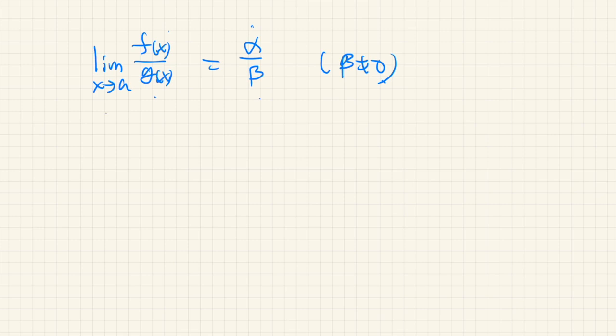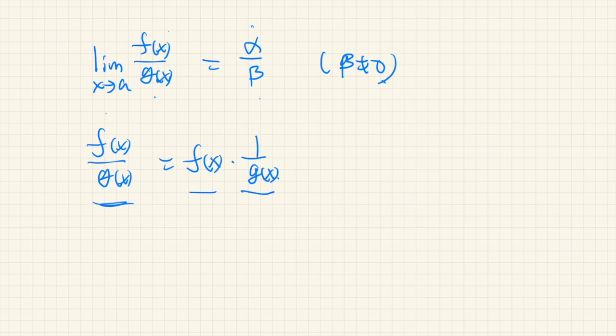So let's try to prove this. f of x over g of x is just f of x times 1 over g of x. So the limit of this ratio is reduced to the limit of a product of two functions: one is f of x and one is 1 over g of x.